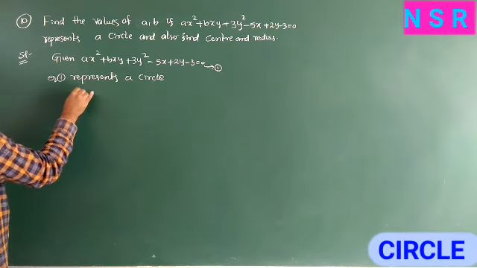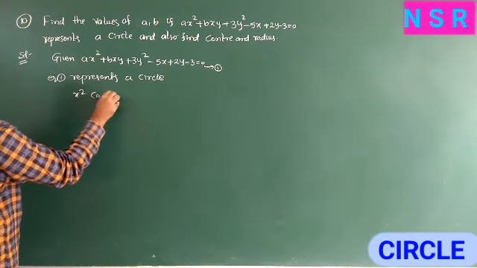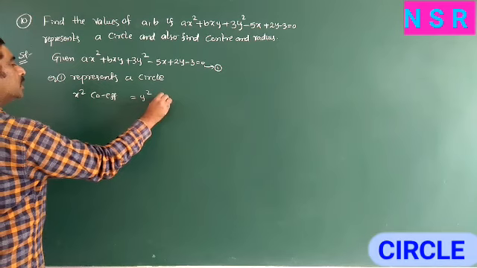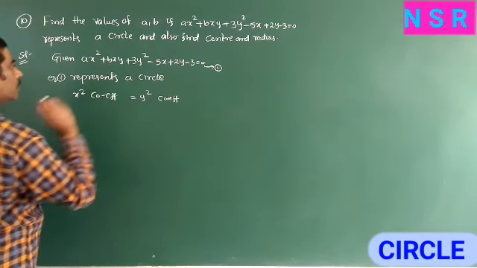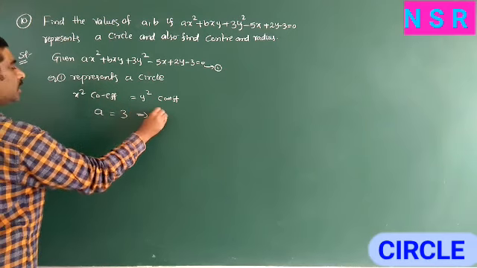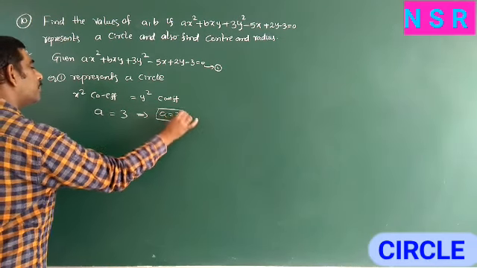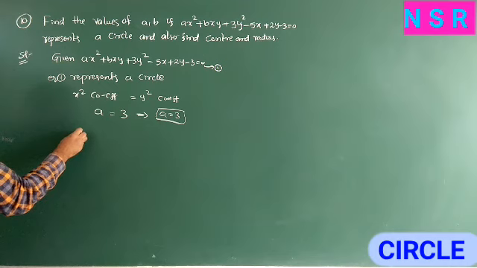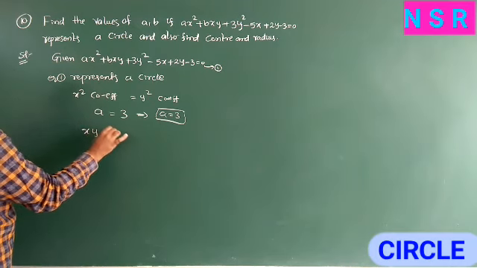Now x square coefficient is equal to y square coefficient. So here x square coefficient a, y square coefficient 3, that is a equal to 3. Next xy coefficient is equal to 0.